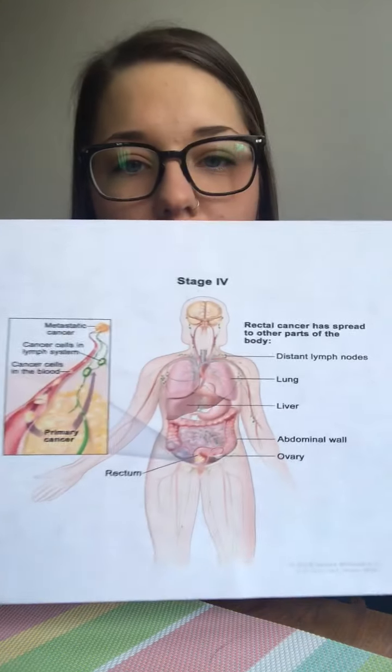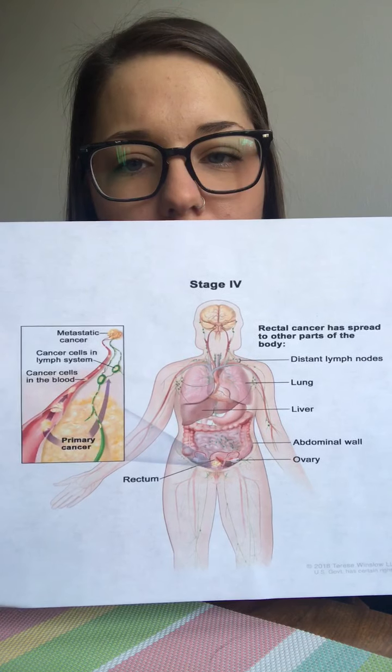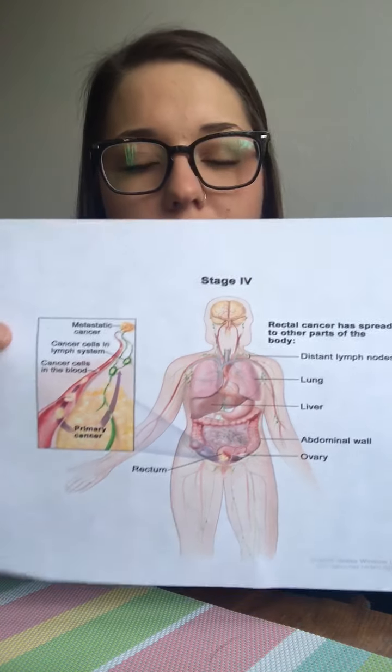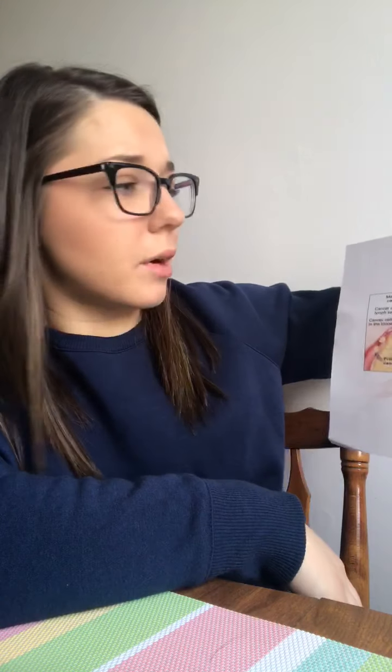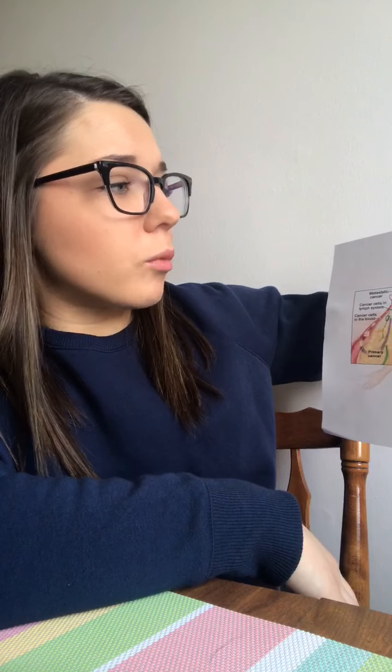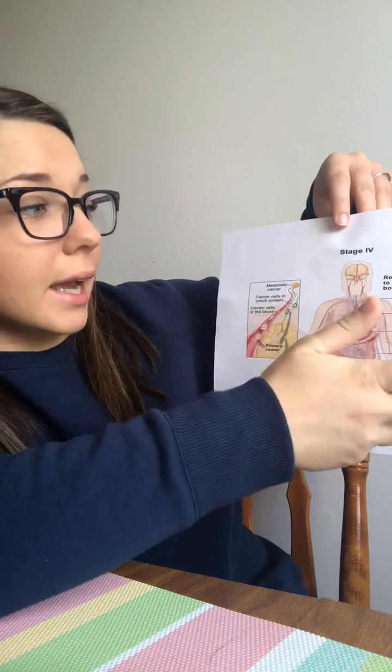I found this image that I really liked. It talks about some of the types of cancers that you can get for rectal or colorectal, which is what I'm going to talk about in a little bit. Rectal cancer has spread, in this picture, to other parts of the body, or it can.